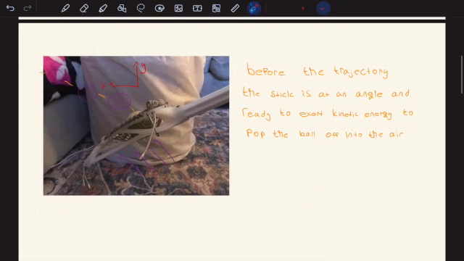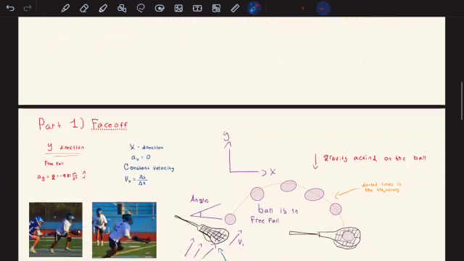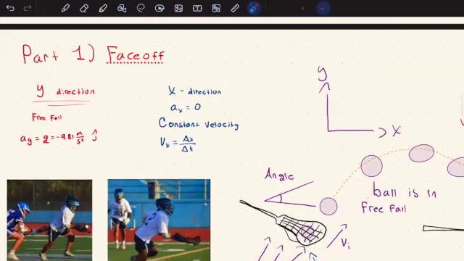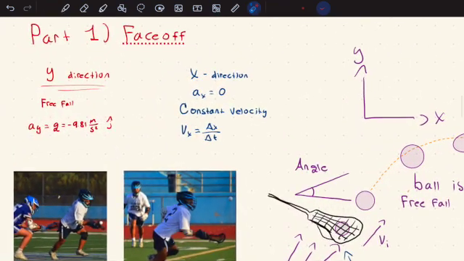Now going on, we have the face-off, the full diagram. Now for the y direction, it's in free fall, and we know that acceleration is going downwards in the negative j hat direction. So we have negative 9.81 meters per second squared.